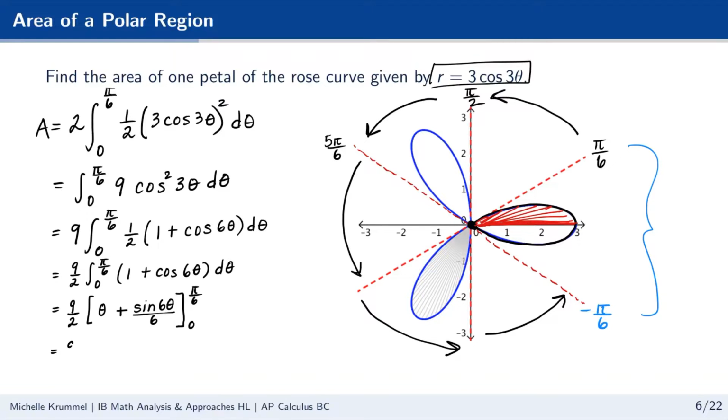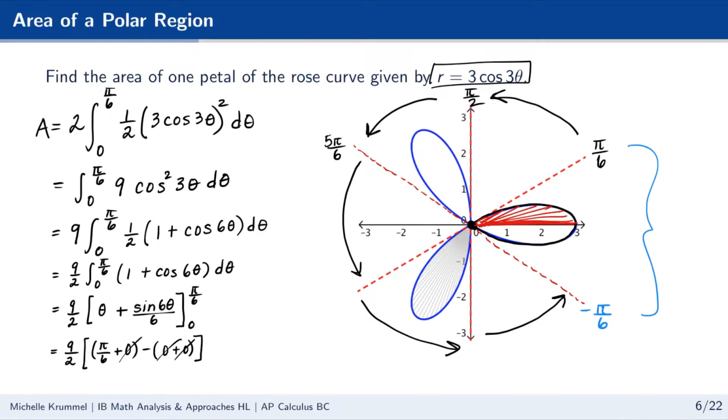Okay, so we sub in our top value, that upper limit of integration, and we get pi over 6 plus the sine of 6 times pi over 6, or sine of pi, which is 0. So that's just 0. Minus, and then we're going to substitute in 0. So we get 0 plus the sine of 0 over 6. The sine of 0 is 0. So we have lots of zeros there.